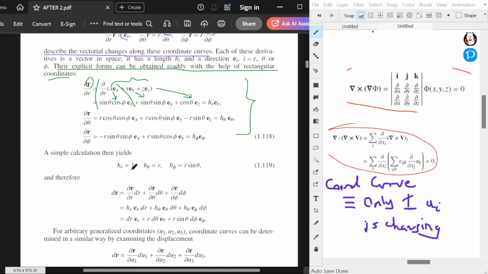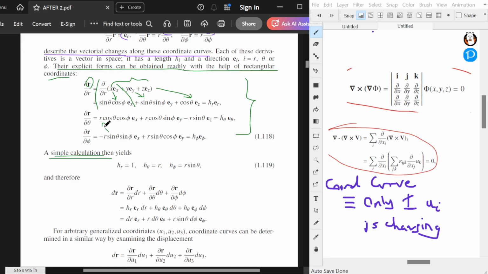Simple calculation then yields h_r equals 1, e_r, h_theta equals r, h_phi equals r sine theta. What simple calculation? Oh no. You can factor the r here.